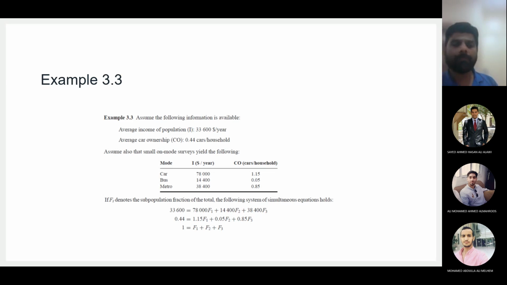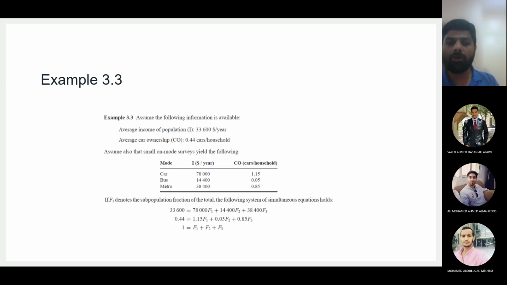Okay, now the total. If I take the overall average of income, then it should be equal to the overall average of the population, right? If I take an average of these 3 values, it should give me the average income of the population. And again, if I do the overall average of the car ownership, this should be equal to the overall car ownership in the entire population.